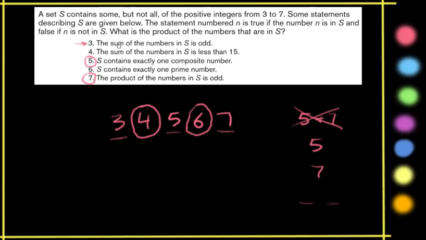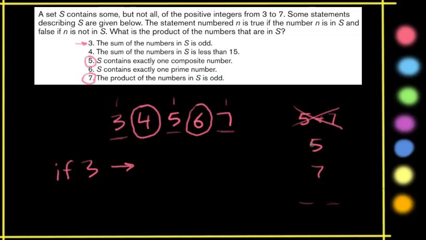Another thing that's related to this is number 3, because it says the sum of the numbers in S is odd. So let's just assume that 3 is true for a minute and see what happens. If 3 is true, that would mean I would have to have an odd number of these odd numbers.